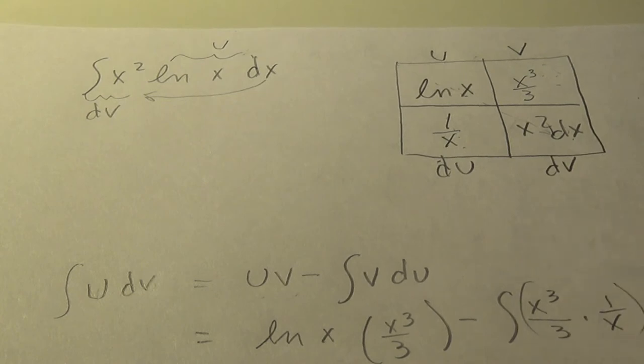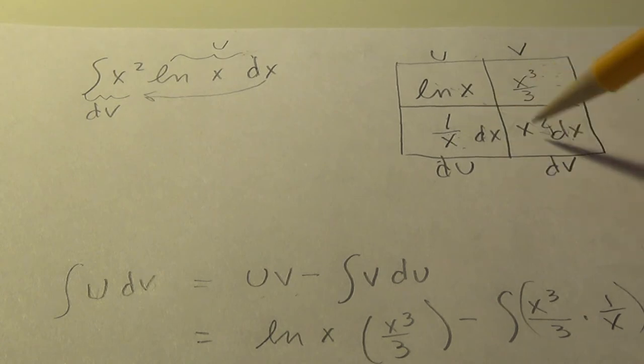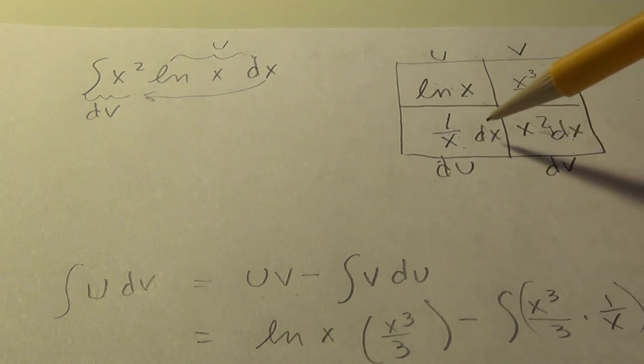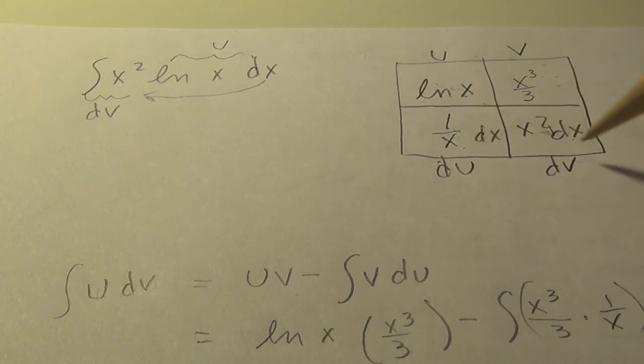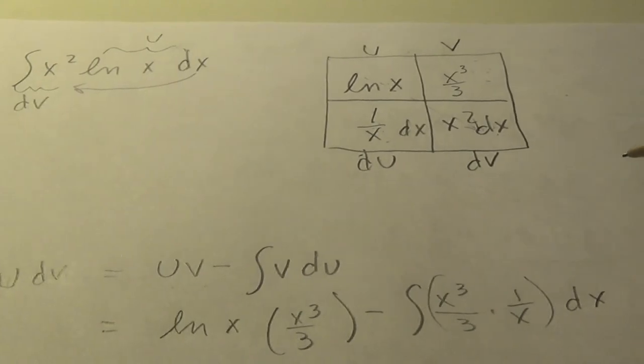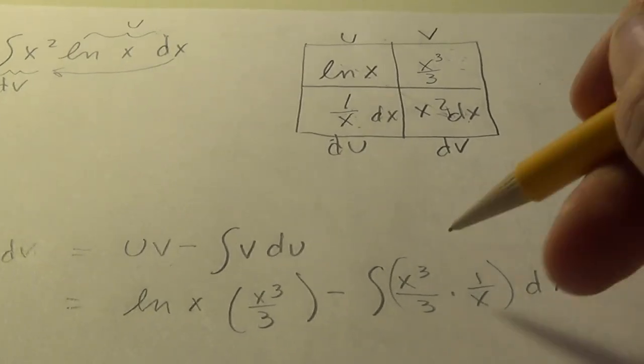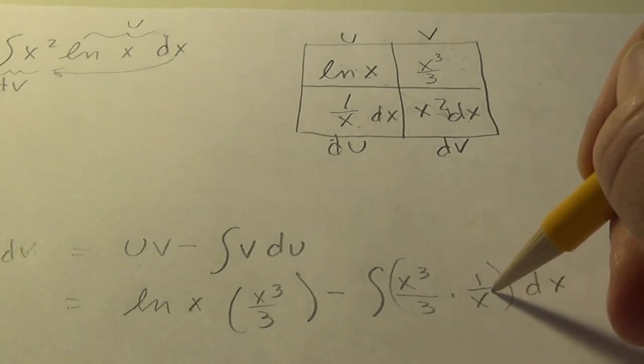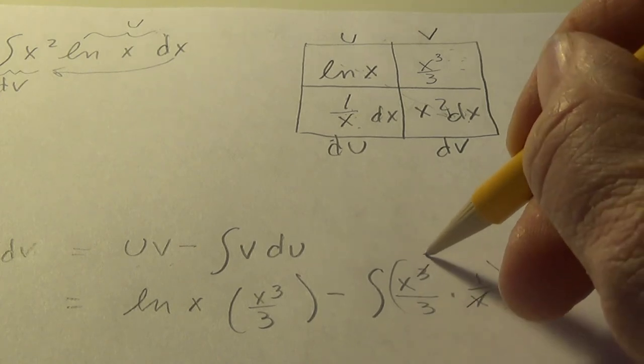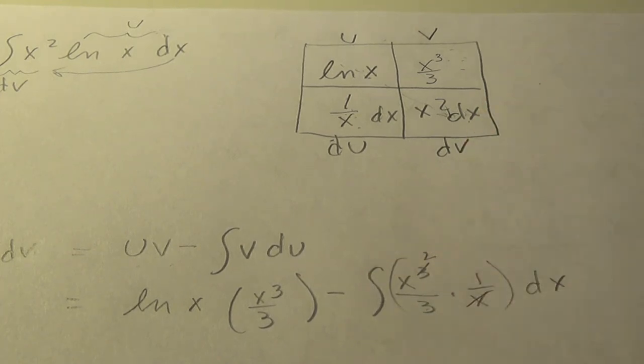So I should have had a dx. If you notice here, these two boxes always have dx's in them because they are du's and dv's. All right, so back here, is this integratable? Can we integrate this? I think so, because this x reduces that to a 2, and the 1/3 can come out in front.